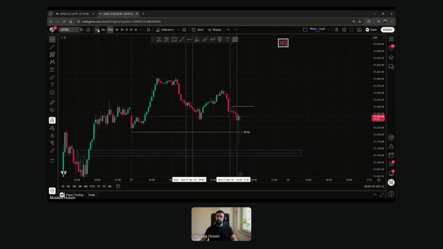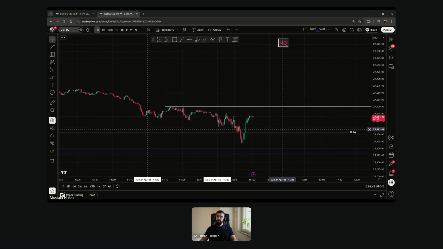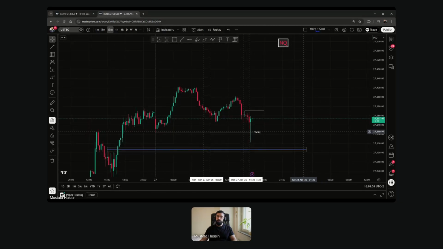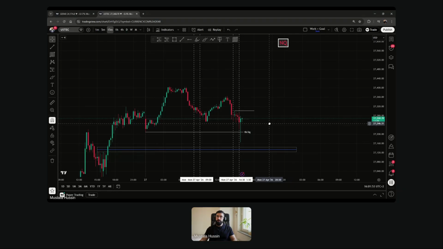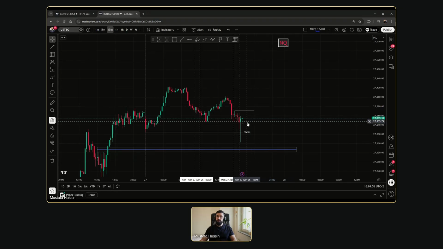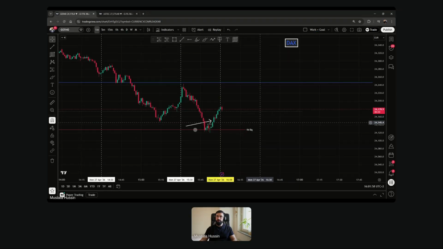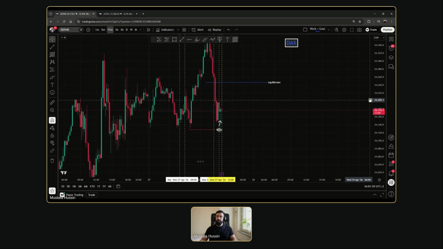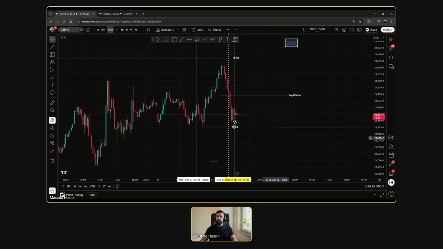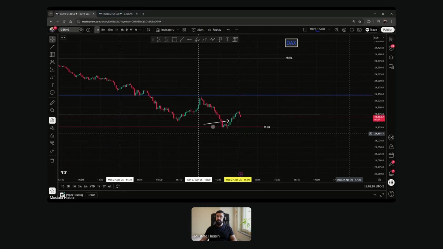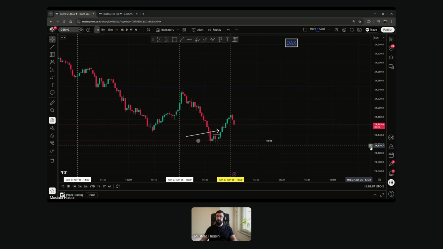Nasdaq reversed. That's a good thing that the Nasdaq continued to the upside. Why? Because you can see the indication of both the DAX and the Nasdaq. Let me go to the DAX before I miss anything here.